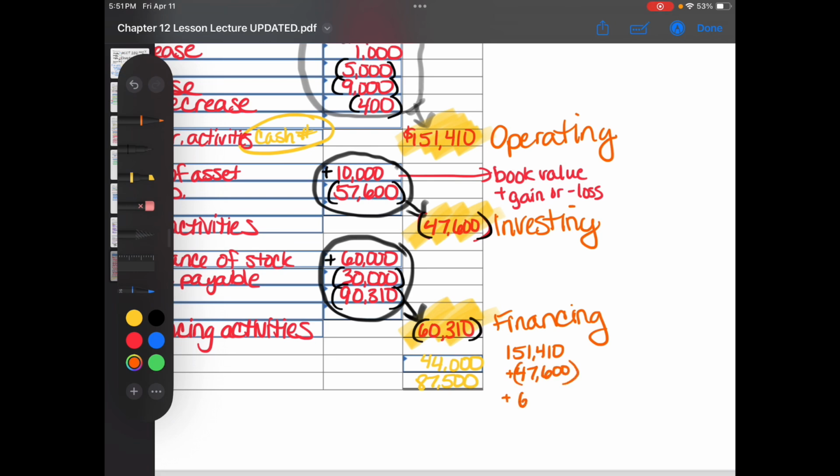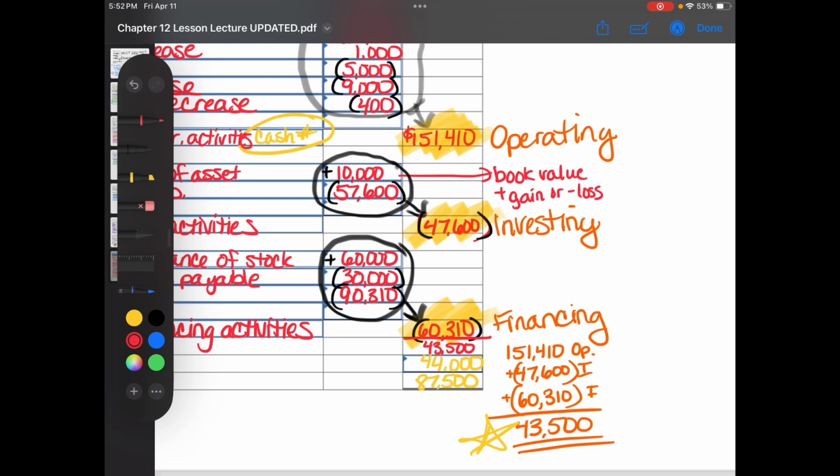Then I'll add that last one, 60,310, but again, that's negative. So basically I take 151 and I subtract all of these. That's operating, investing, and financing. What I'm going to find is the difference should be 43,500. That's how I know if I'm right or not. If that number matches up, then I'm good and I did everything correct. If it's not, then I have to go back and take a look.